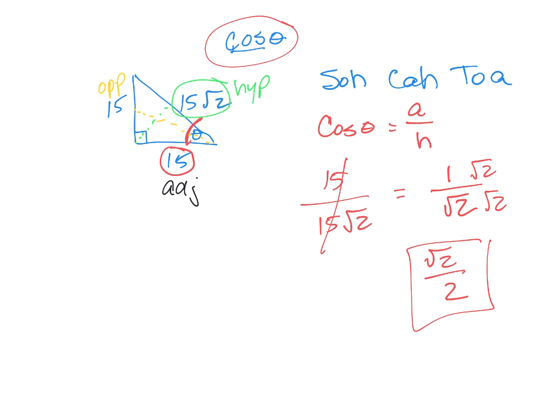Okay. So the O means opposite. The H means hypotenuse. The A means adjacent. Okay. So sine of theta would have been opposite over hypotenuse. And tangent of theta would have been opposite over adjacent. The first guy over the second guy.